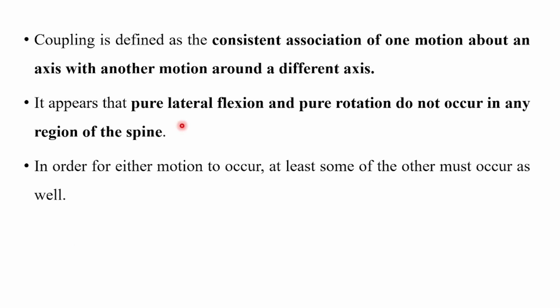Coupling is defined as the consistent association of one motion about an axis with another motion around a different axis. So it appears that pure lateral flexion and pure rotation do not occur in any region of the spine. In order for either motion to occur, at least some of the other motion must occur as well.